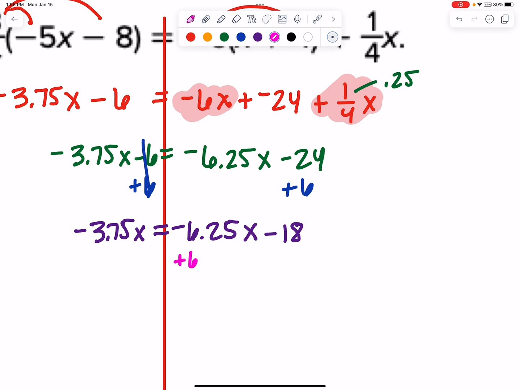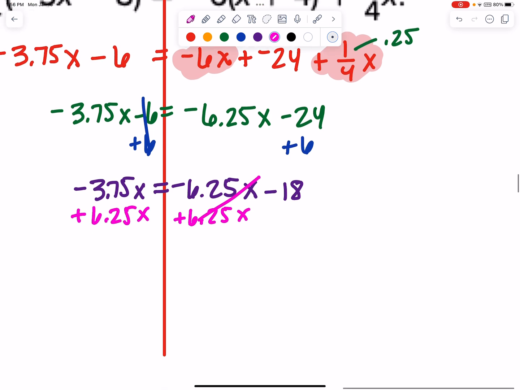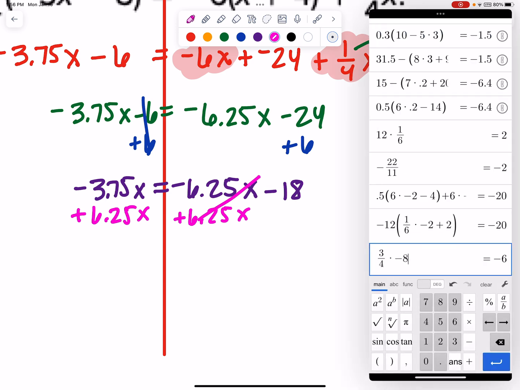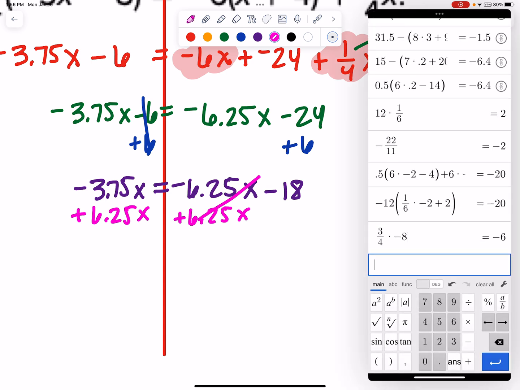All right, let's go ahead and move our x's around now. So I'm going to add 6.25x to both sides. All right, and let's go ahead and join that together. Just for the purpose of not making any mistakes, we have different signs, subtract. So I'm doing 6.25 minus 3.75, and that gets me 2.5x equals negative 18.